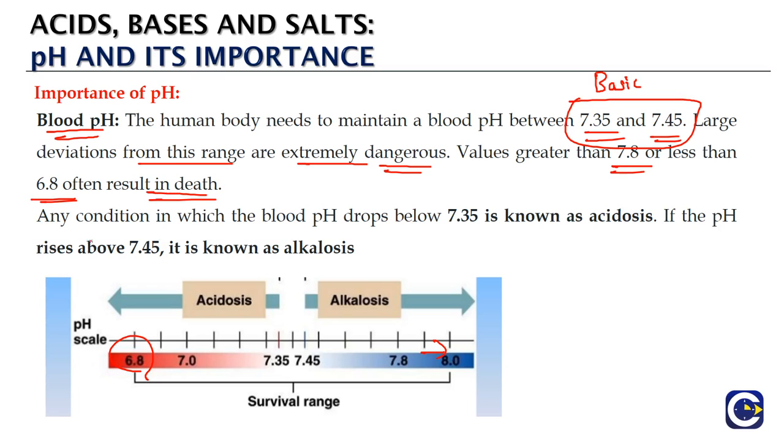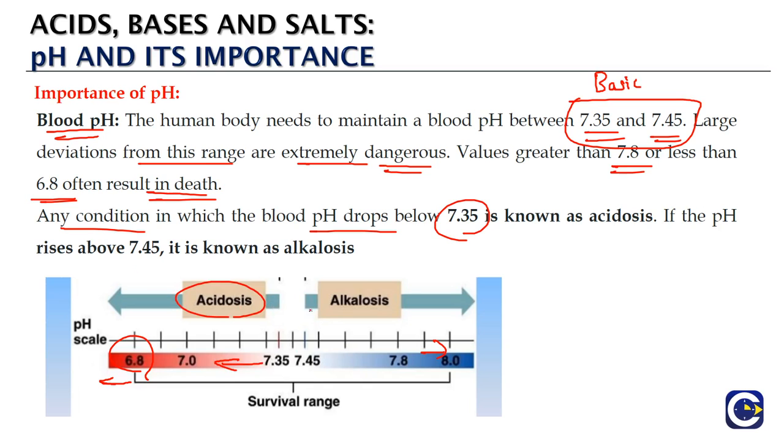And if you have a condition where the pH drops below 7.35, the criticality will come when it is below 6.8. But if the pH is dropping below 7.35, we call that particular state acidosis.